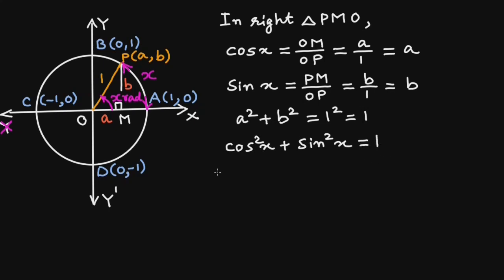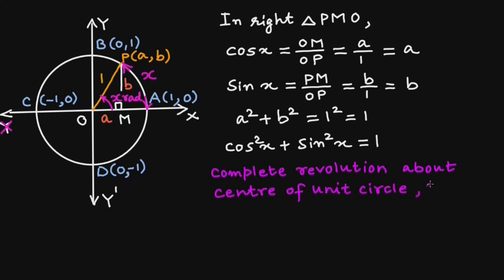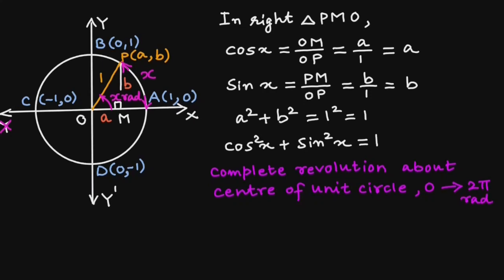Now complete revolution about center of unit circle O subtends an angle of 2 pi radian. Quarter of this revolution is angle AOB, which will be 1 into pi by 2.